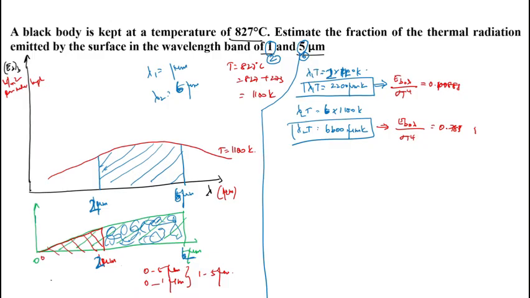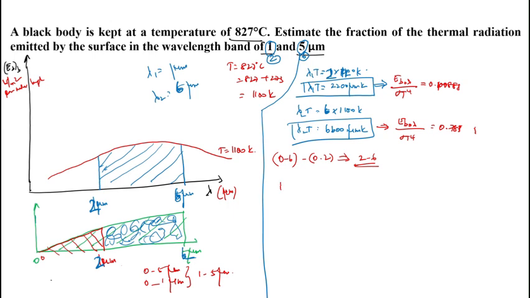Now we are going to find this value from 0 to 6 minus 0 to 2, which gives 2 to 6. Substituting this condition, you can find how much fraction of radiation is to be emitted.